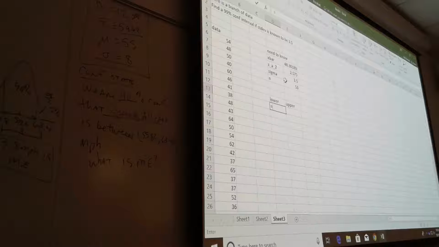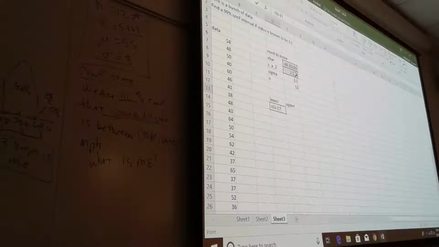Equals your X bar, which is 48.3, minus your Z sub alpha over 2. You don't need the F4, but you could. Sometimes you will, sometimes you won't.